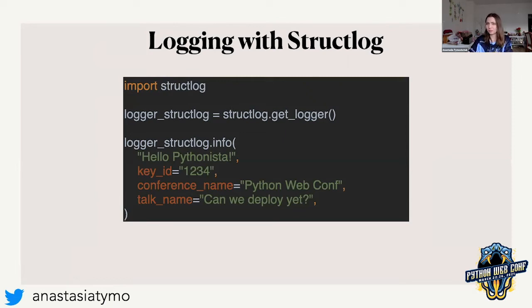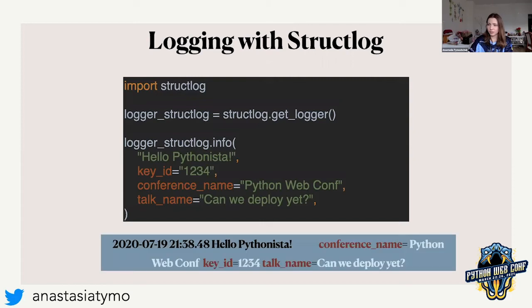If we use structlog, for example, the log entry would look like this. We have the initial message, and then we have key-value pairs. And it looks pretty nice. We can also combine that with a timestamp and a path to the file, so where it actually happened.